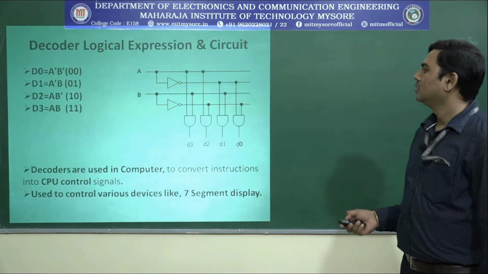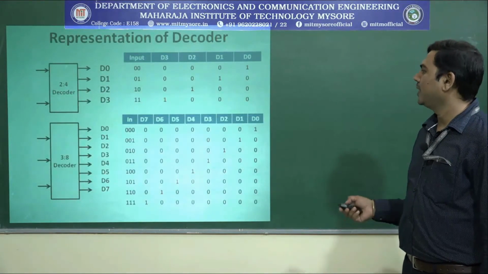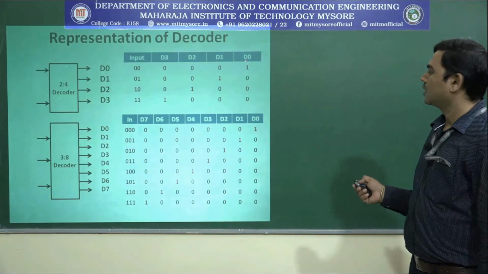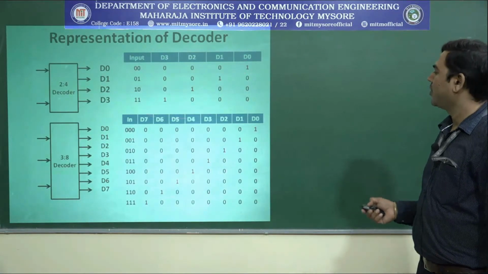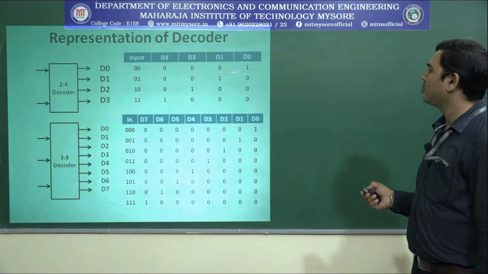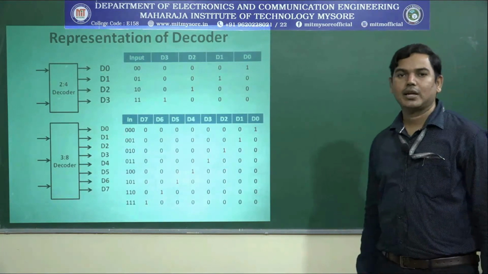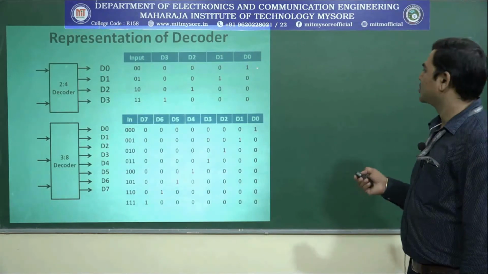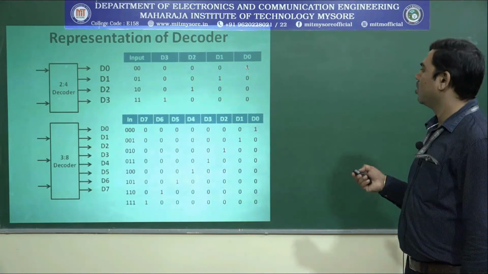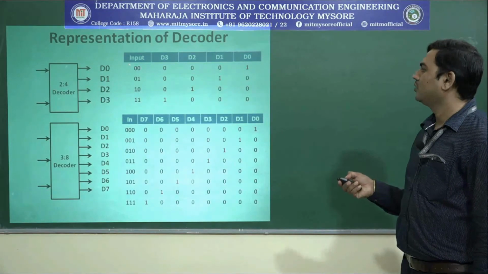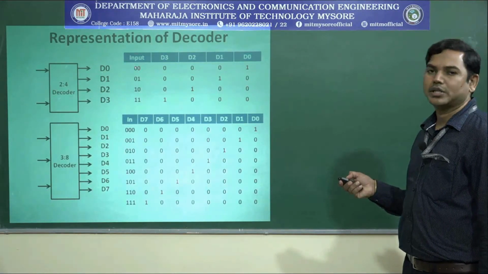Now, it is possible for me to write this functional table, the relation between the input and these output channels, in the form of a logical equation. Carefully observe, D0 will go high only when A and B are 0.